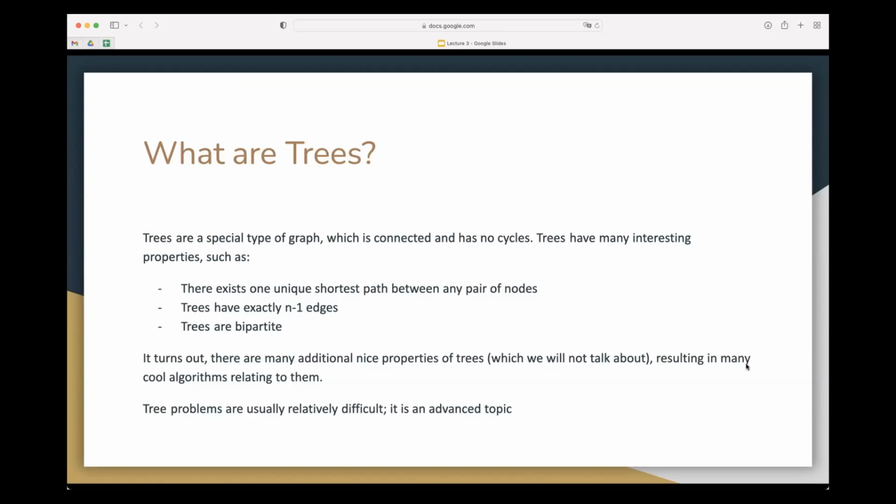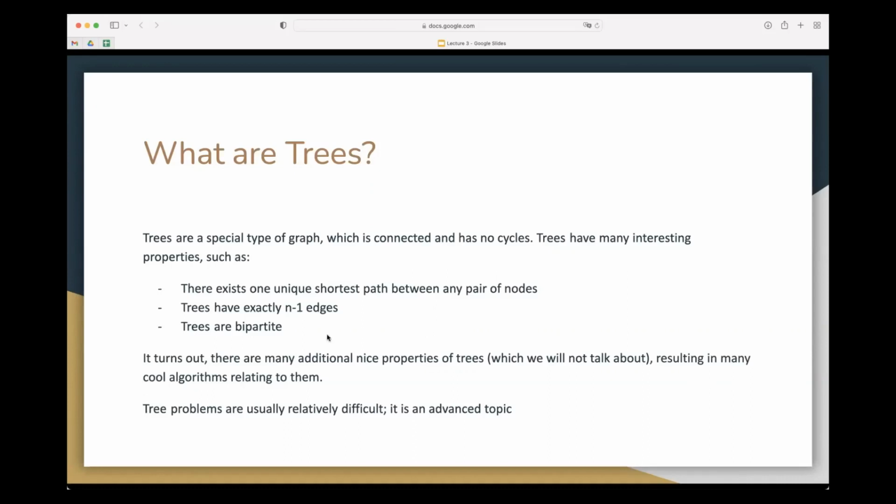But I kind of wanted to say this: tree problems are generally very difficult. If you go on Codeforces and type tags like tree and DFS, all the problems that you get are basically going to be 2000 plus. So trees are actually a very difficult topic, but I'll try to introduce them as basically as possible.